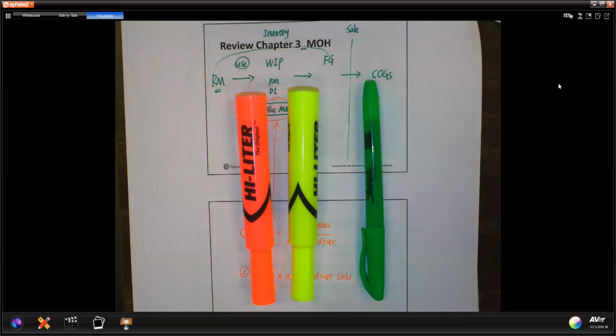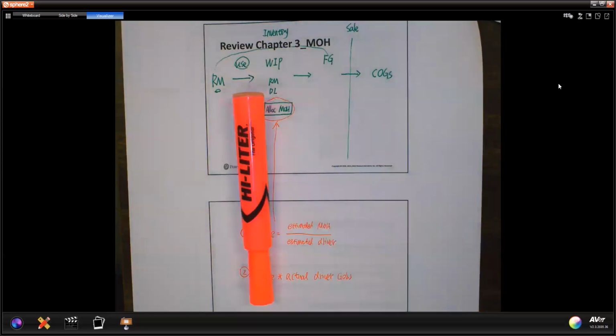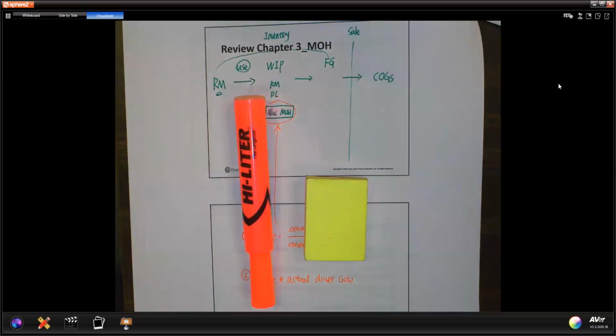So it's the same. But that's not really accurate, especially if you make different jobs, right? Maybe making the pen is different from making this notebook. If you use the same rate, it's not accurate. So you may want a different department, like for the pen you will use more of the ink department, I'm just making this up.